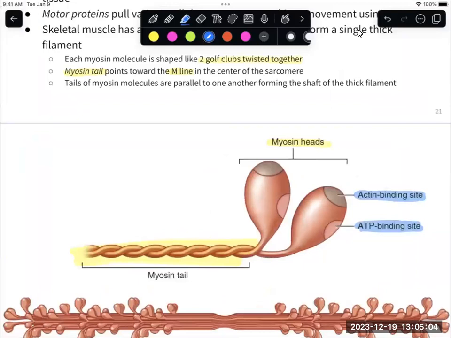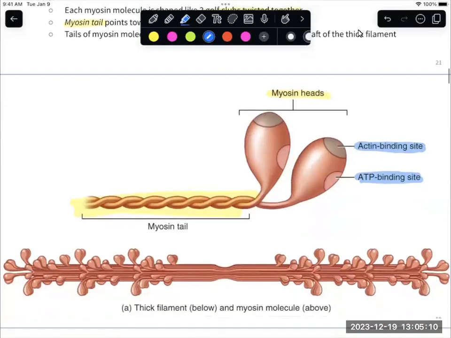So we have to have a place where ATP can bind to allow this contraction to happen. And we can see all of these little golf club heads throughout here. There's hundreds of them that are helping to form this myosin protein. And here's our M line in the middle.